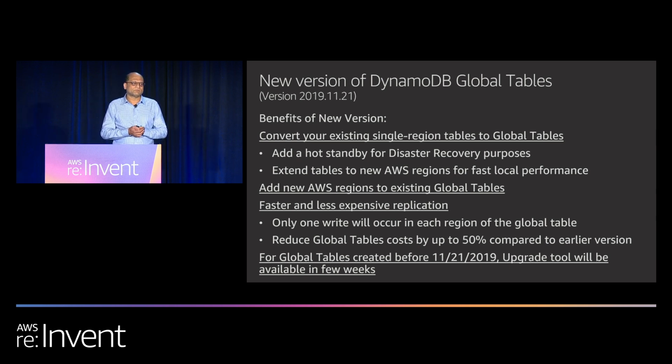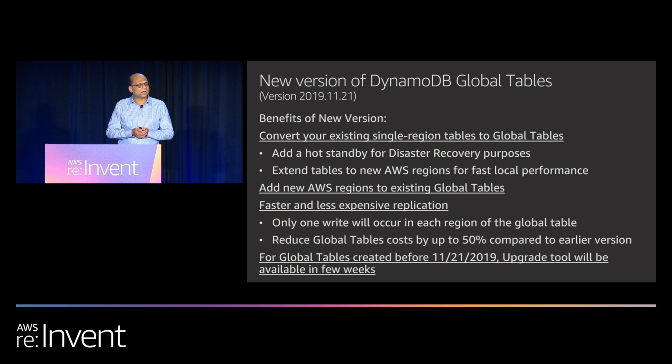Secondly, you will see faster and less expensive replication between regions. This is because we have simplified our internal mechanisms for data replication. Previously, we added 3 attributes to the item, which resulted in an additional write into the region.